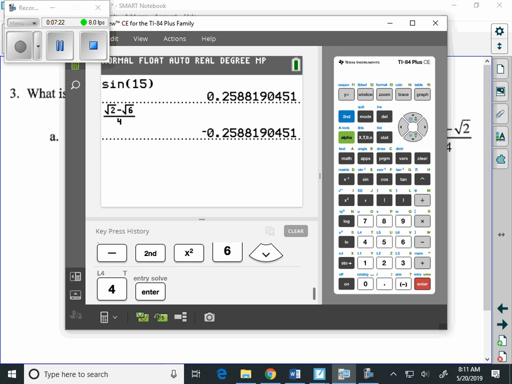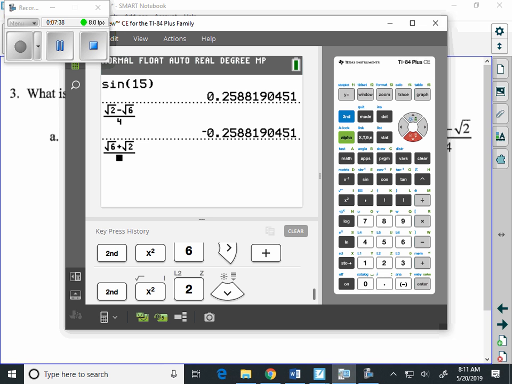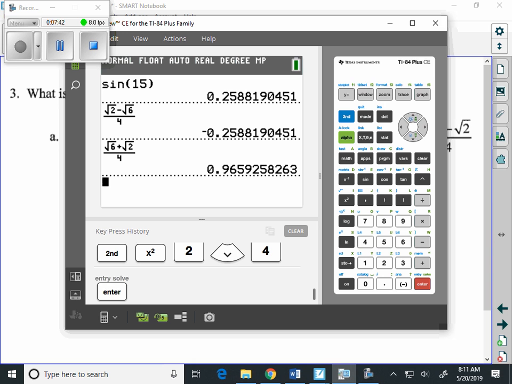Not the same. If we try the next one, alpha y equals, we've got square root of 6 plus square root of 2 divided by 4. Not the same value.